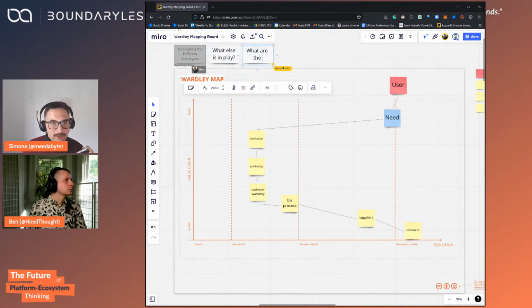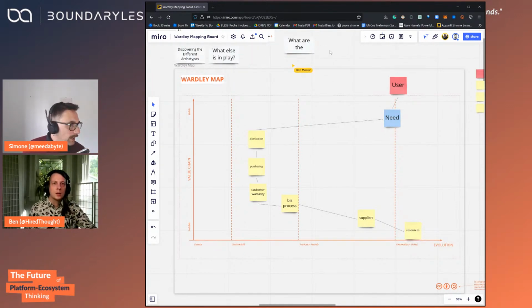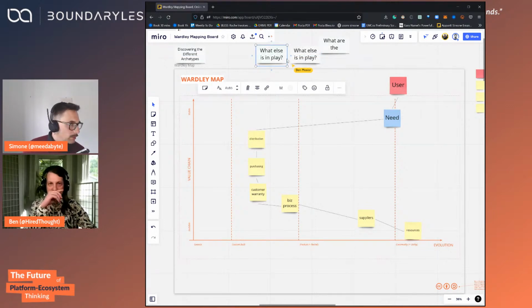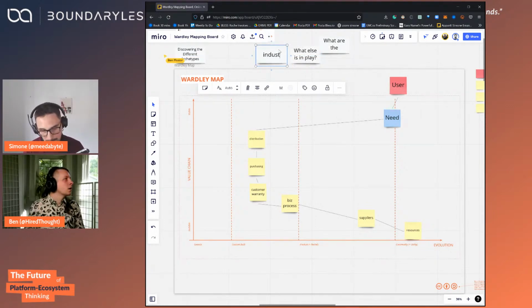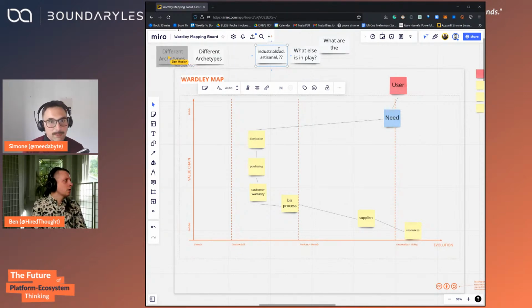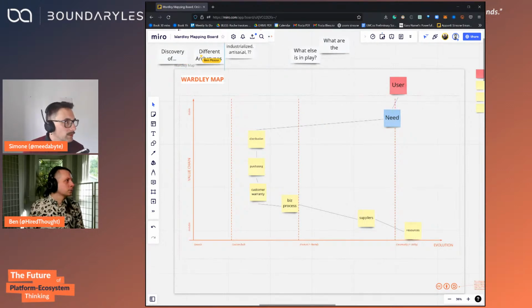So what are the different archetypes? Discovering the different archetypes, and we can also add a bit like industrialized or artisanal or what else? Maybe something else that can come up to our eyes in terms of making up some different archetypes.